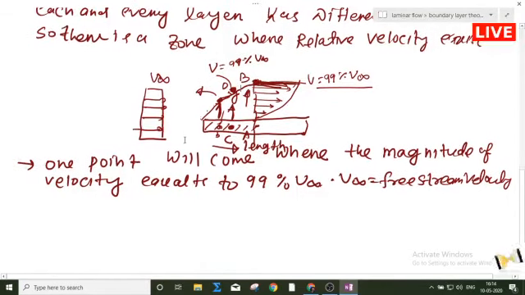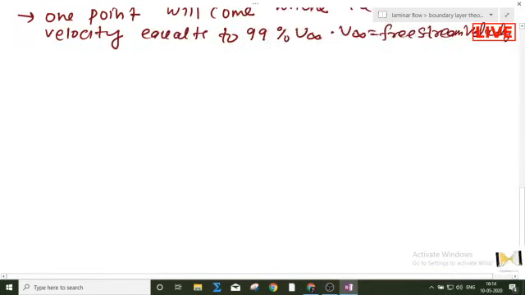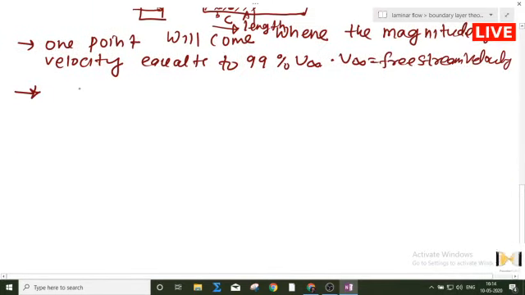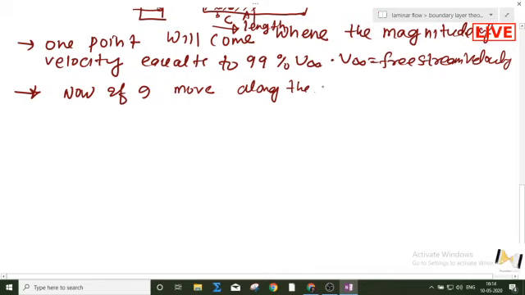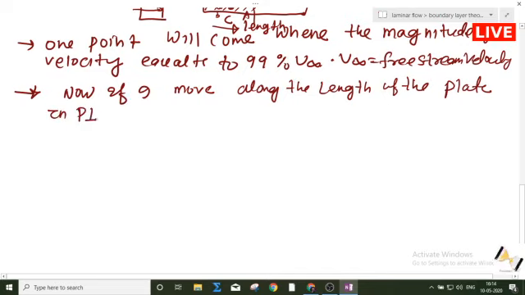Now the third point I am trying to say: if I move along the length of the plate, in perpendicular direction, what do I actually observe?